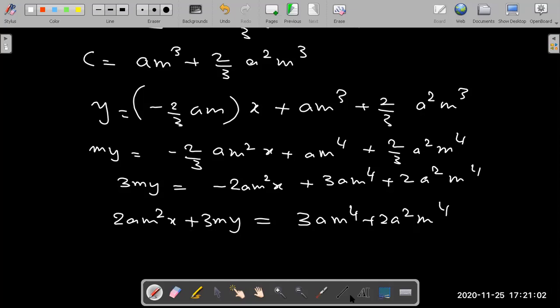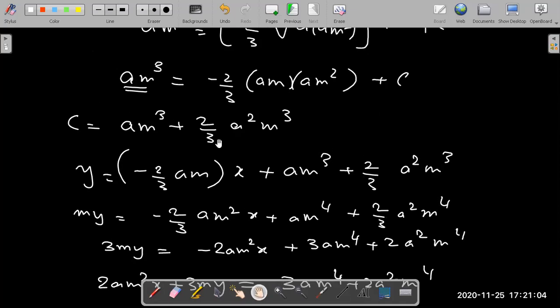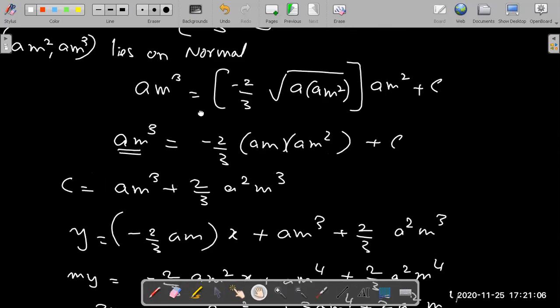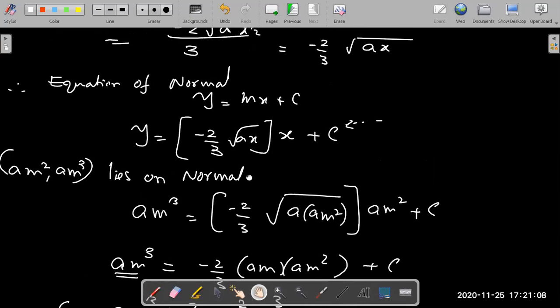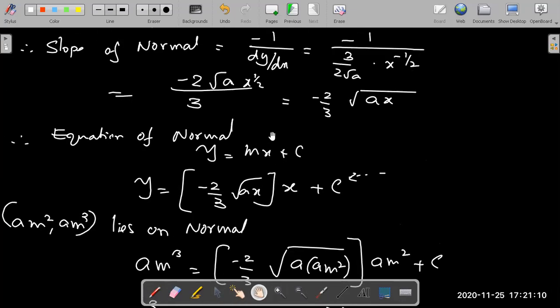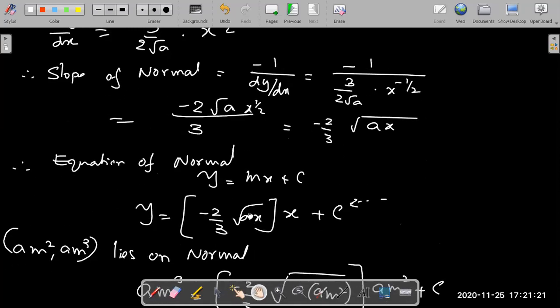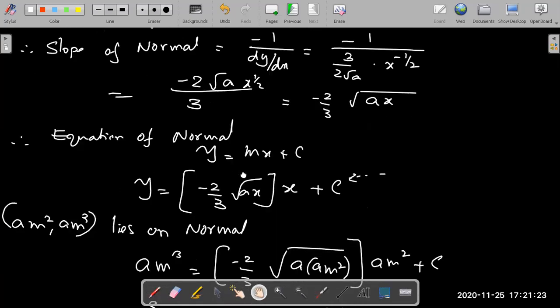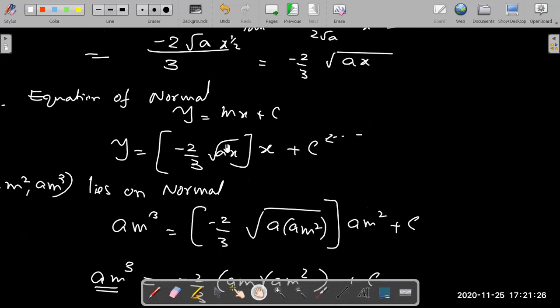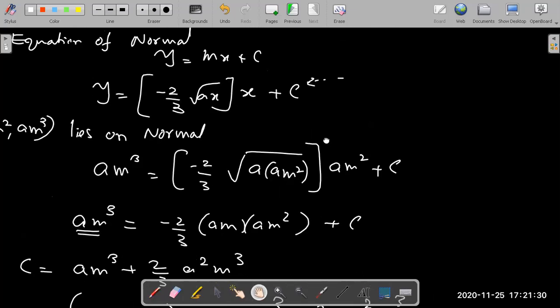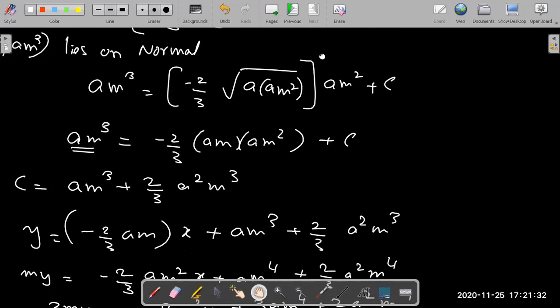So I'm going backwards, and where I think the c value must be the one. y is equal to mx plus c and minus 2 by 3 root a x. This is also correct. The slope of the normal is correct. So root a root x, and x value is substituted as am squared, and I got a square m square. That means I get am minus 2 by 3.